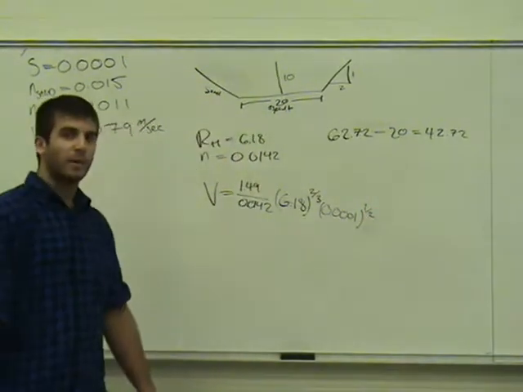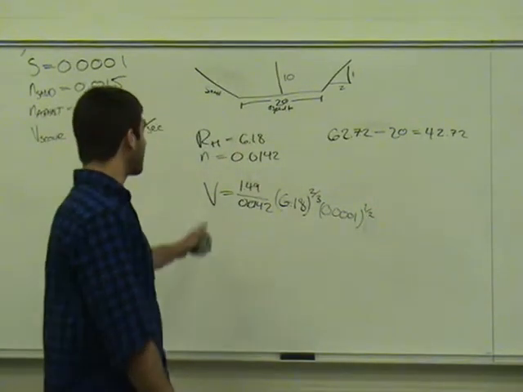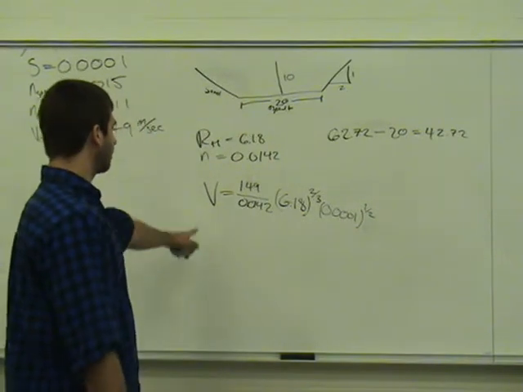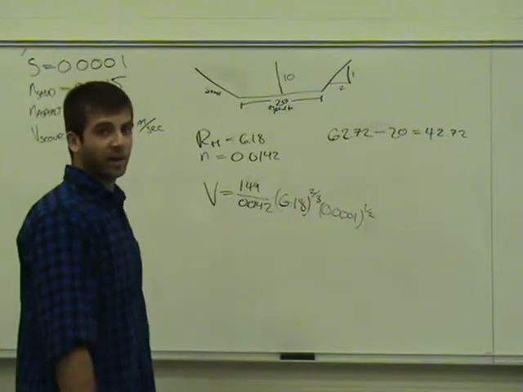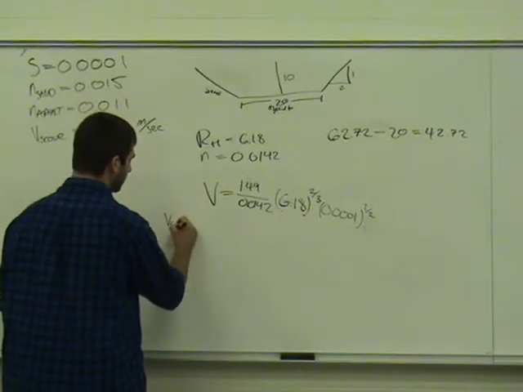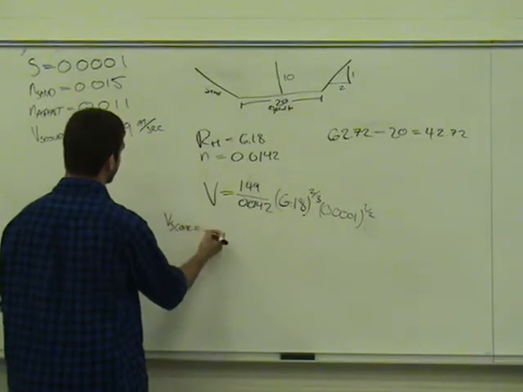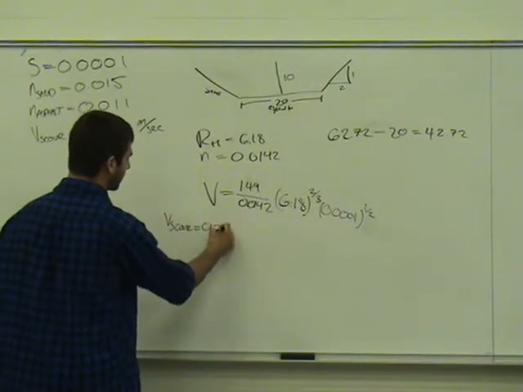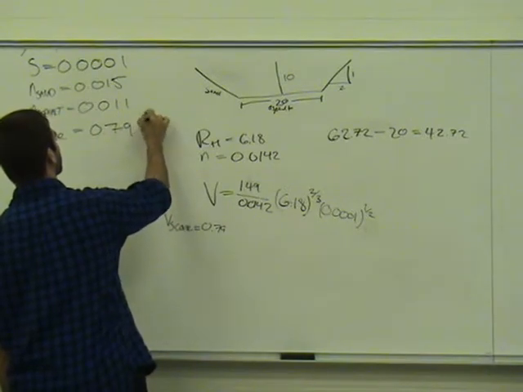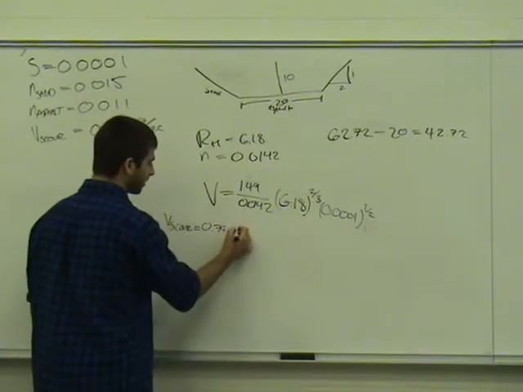All right, so remember, what we're trying to find in this problem is whether the sand on the sides of the channel is going to get scoured away. So to do that, we're going to have to figure out the velocity we have right now and compare it to the scour velocity, which for sand is 0.79 feet per second.